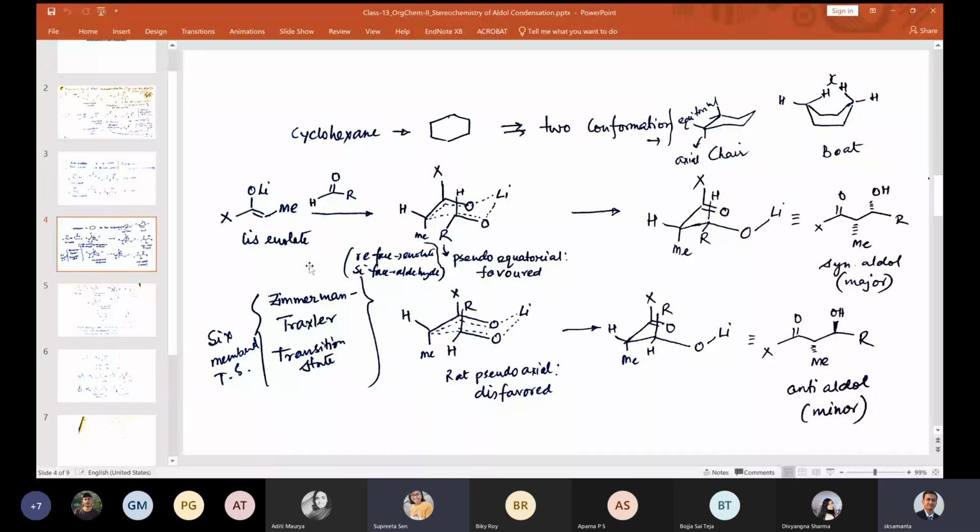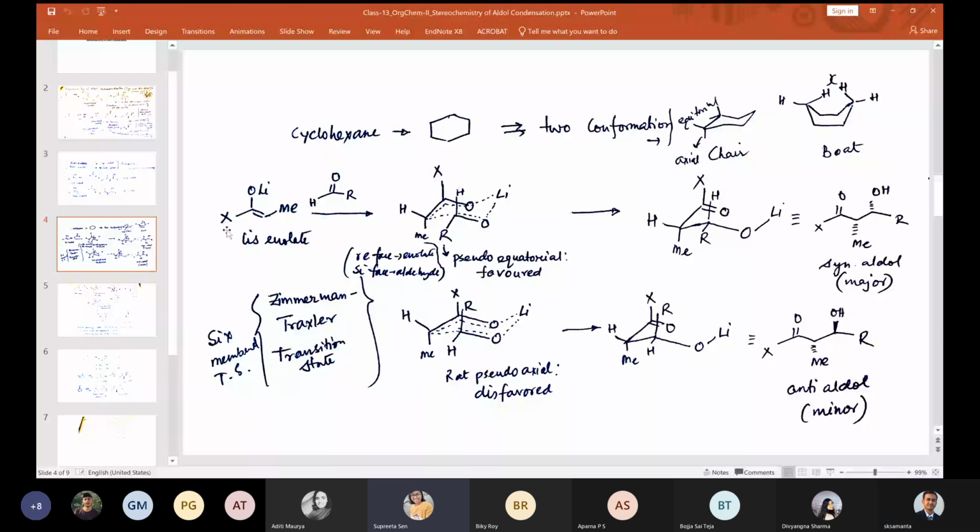Here we have the problem of deciding the stereochemistry of the product when a cis or a trans enolate reacts with an aldehyde. If we take the cis enolate first, this is the cis enolate because the OLi and this methyl group are on the same side.